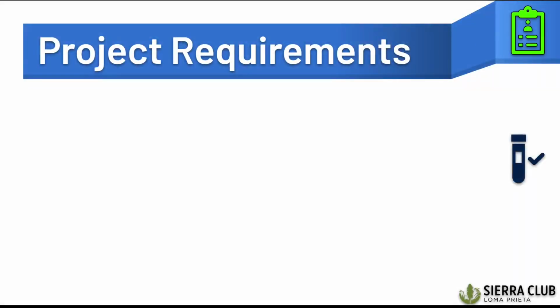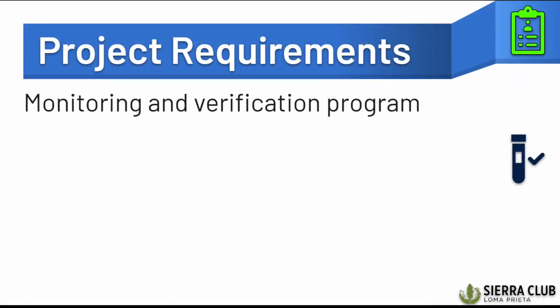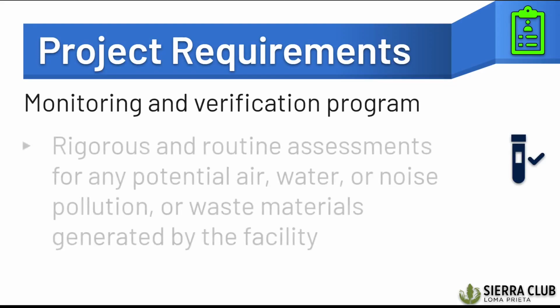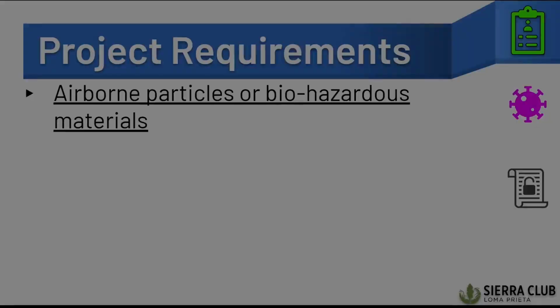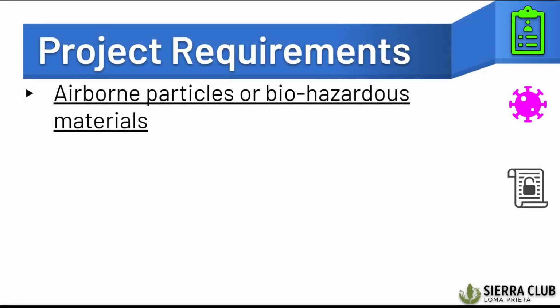Applicants should also provide a monitoring and verification program incorporating a rigorous and routine assessment for any potential air, water, or noise pollution or waste materials generated by the facility, especially in the case of airborne particles or biohazardous materials.